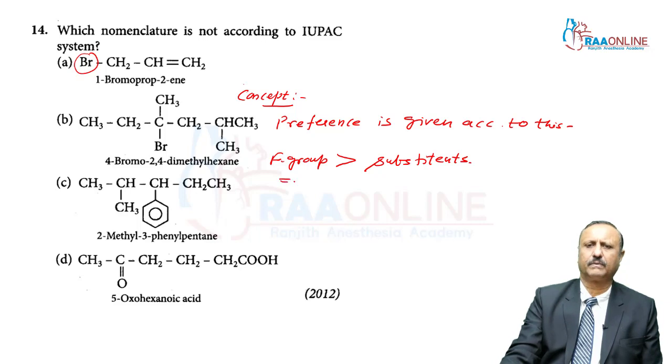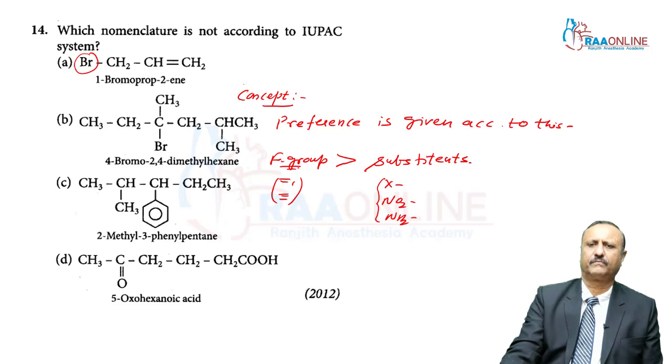Double bonds and triple bonds are also taken as functional groups here, and the substituents are halogen, NO2 nitro, and NH2. So you give the preference to the functional group, then the substituents. Now, my dear students, here this bromo is a substituent, and this double bond is a functional group.